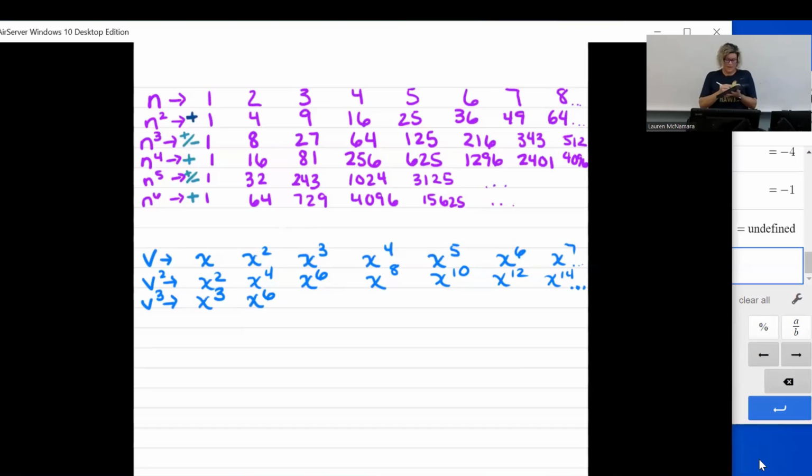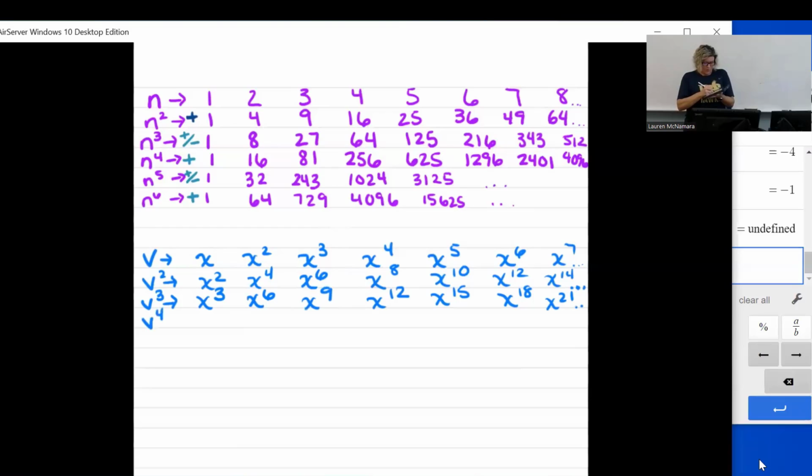All right, now x to the third raised to the 3rd power, x to the 9th. Now look at my pattern. What's my next one going to be? X to the 12th, x to the 15th, x to the 18th, x to the 21st. All of my exponents are multiples of 3, or you can say all my exponents are divisible by 3.